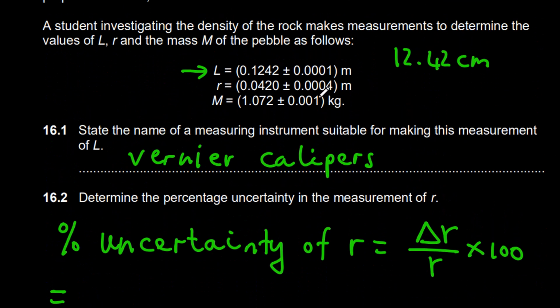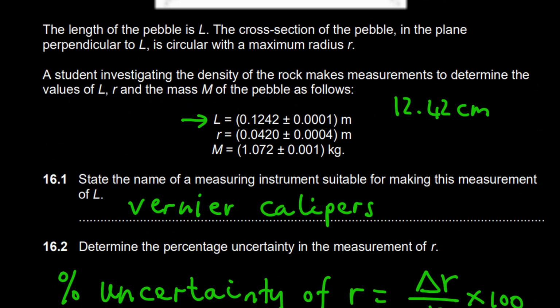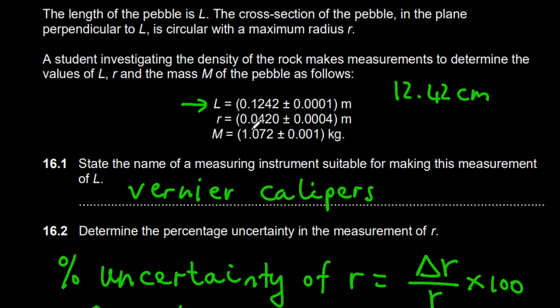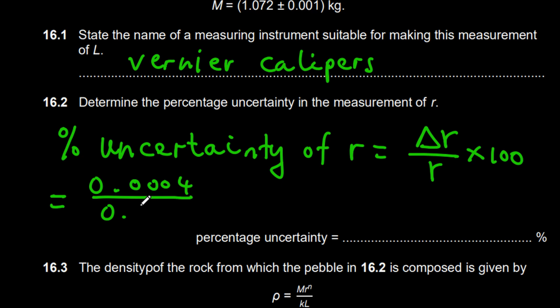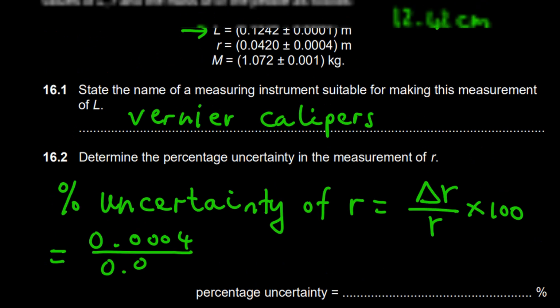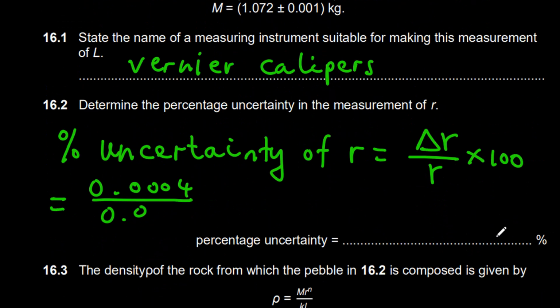The absolute uncertainty for R is 0.0004, and the measured value is 0.0420, so 0.042, multiplied by 100.